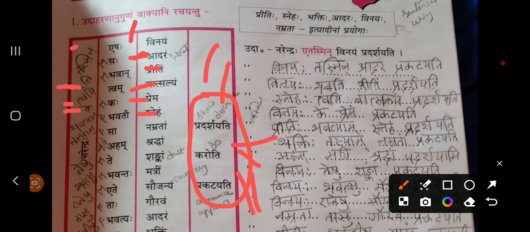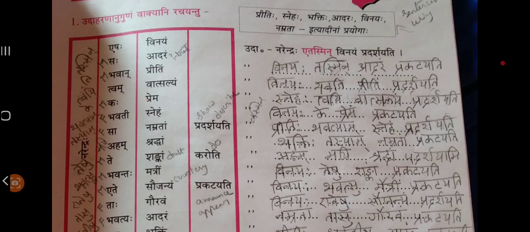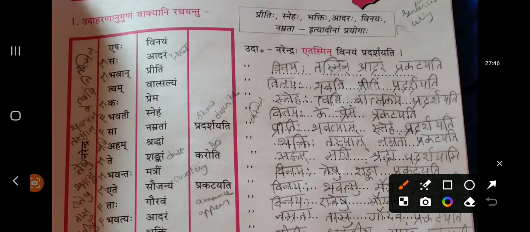Karoti, she does. So these are the verbs, right? Showcasing is a verb. Expressing is a verb. Announcing is a verb. Karoti, does, is a verb. All these are the verbs. You can use any of these three verbs. These three have a similar meaning, but not the same meaning.